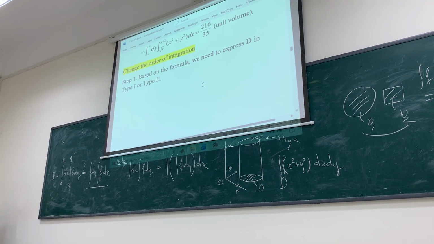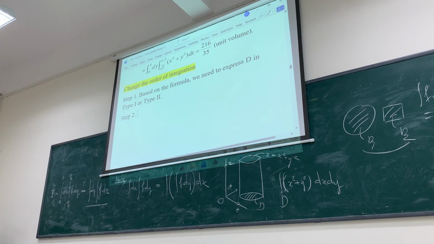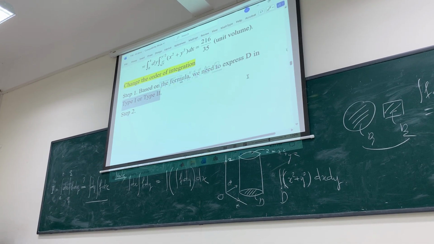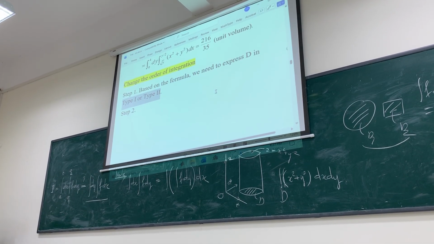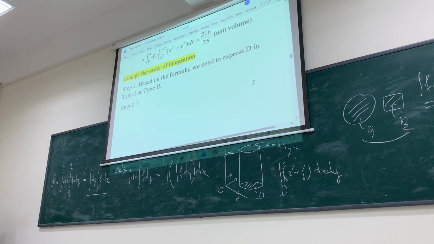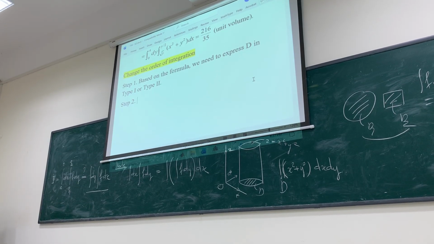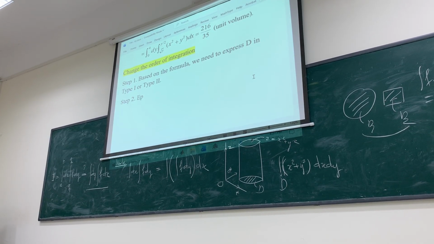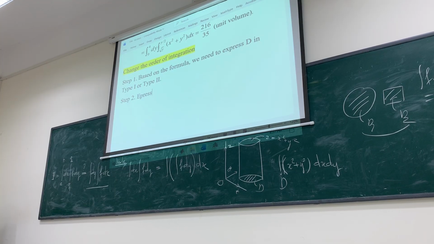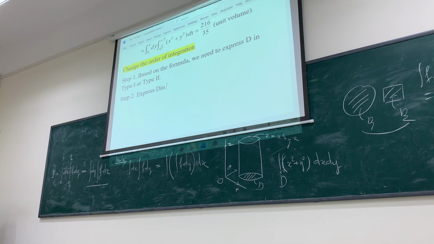The second step, step 2, is to draw the domain D in type 1 and type 2. We need to draw. We need to express the domain D in the Oxy plane.